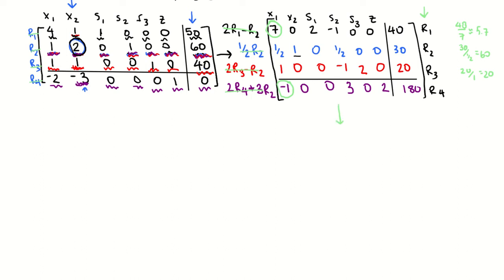So we can multiply row 1 by 1/7 or divide row 1 by 7. That would give us 1, 0, 2 over 7, negative 1 over 7, 0, 0, 40 over 7.